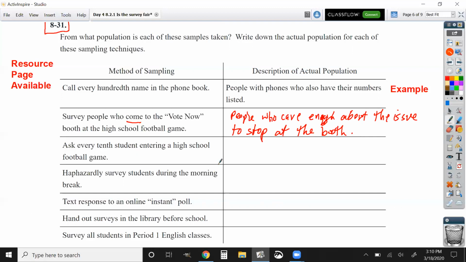So these people really care. They're not going to walk by and go sit down with their nachos at the football game. You know what I'm saying?